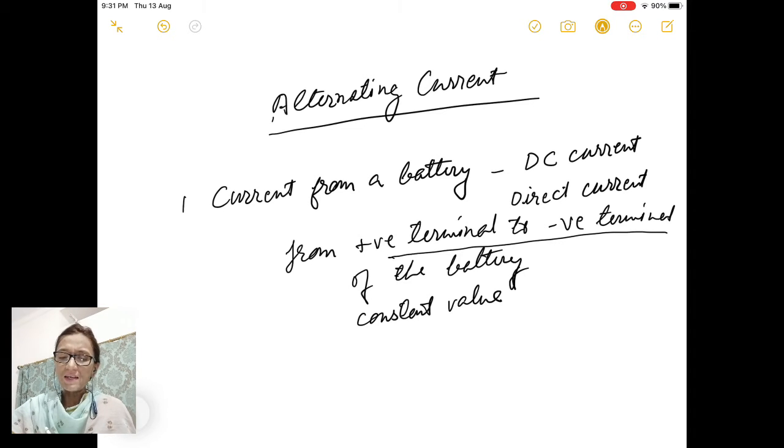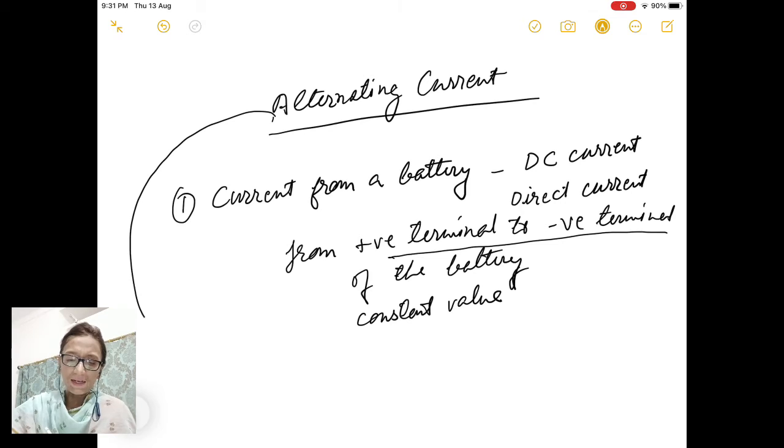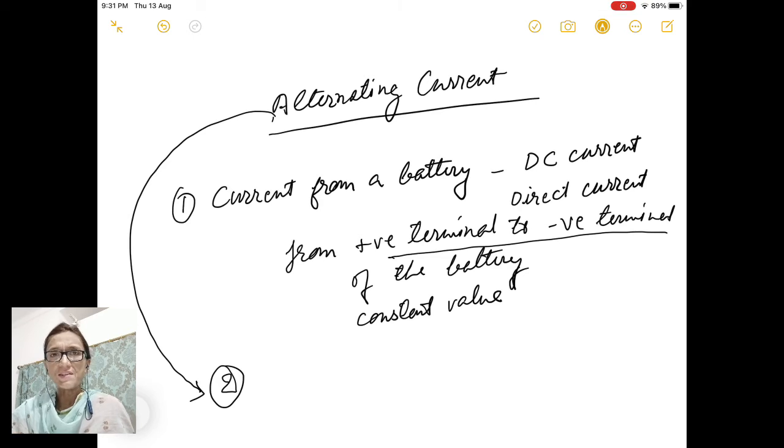So this is one current, and the other one is alternating current. As the name suggests, this current is a changing current. Alternating, the literal meaning of it, is changing. So current can be changed in different ways, and a sinusoidal variation, sinusoidal alternating current, can be obtained by an electric generator.